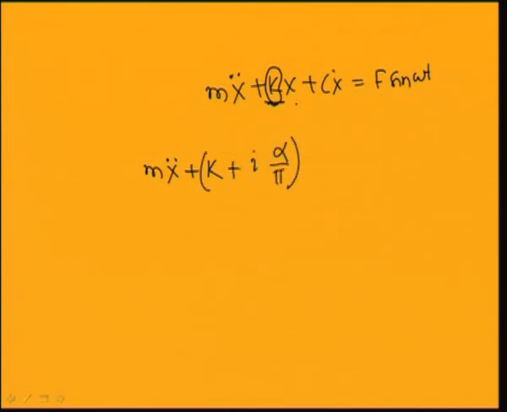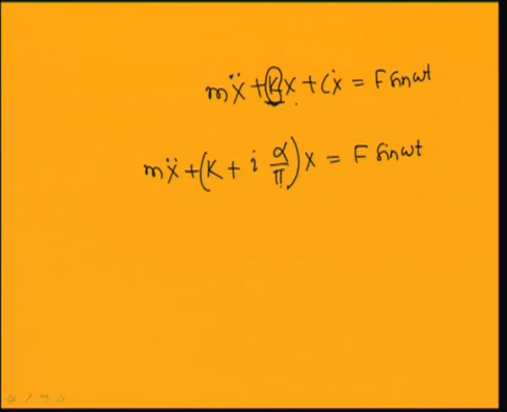So, this alpha by pi is the equivalent structural damping of the system. In many aerospace structures this damping will be of the structural damping type.